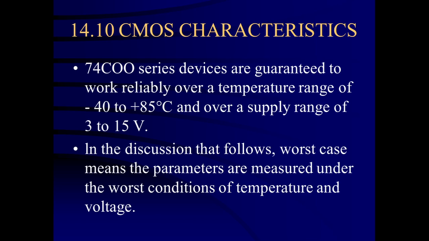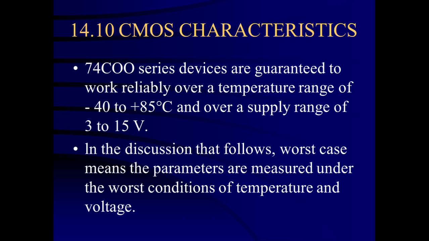Now we are going to discuss its characteristics, that means its parameters: input currents, output currents, input voltage, output voltage. We are going to measure this under worst case conditions. Again, what are the worst case conditions?